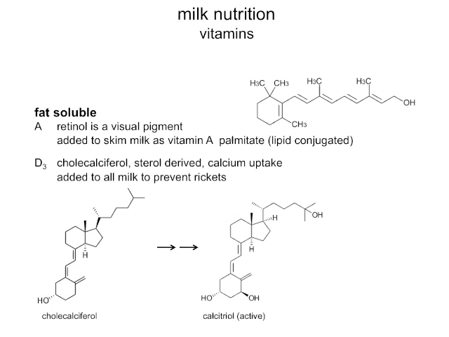You'll also find vitamin A added to butter in Britain and other European countries. Vitamin D3, cholecalciferol, is a steroid-derived vitamin involved with calcium uptake and a variety of other things. But we're certainly familiar with vitamin D as being important for developing strong bones.